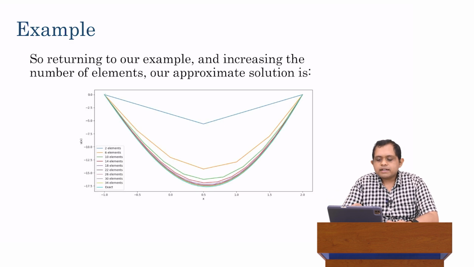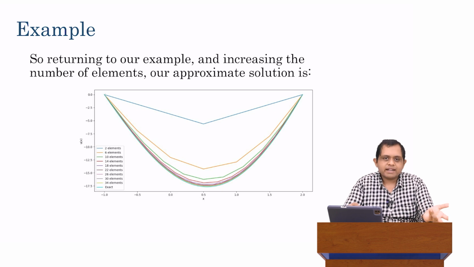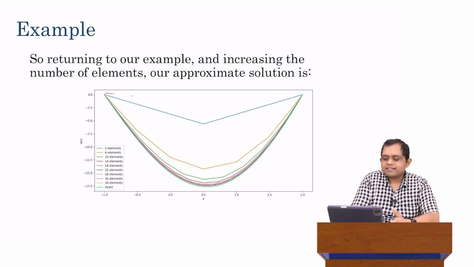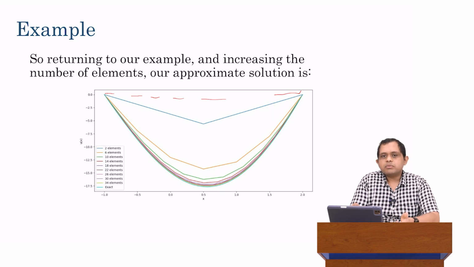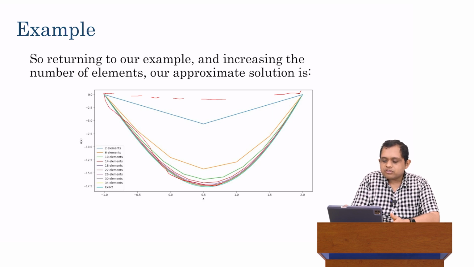When we did that, I went ahead and did the solution. Basically, I used the same problem and increased the number of elements. Previously we had one element and our solution was basically a flat line, 0. It was a pretty bad solution. I increased the number of elements and solved this differential equation using the finite element method. It's a little difficult to see, but the very last line is actually the exact solution.